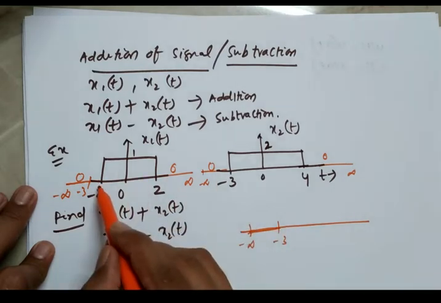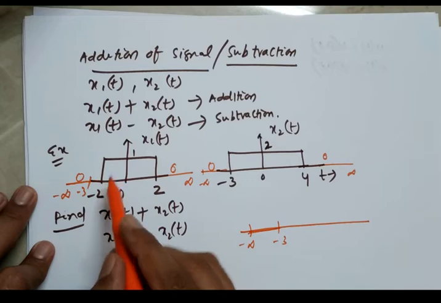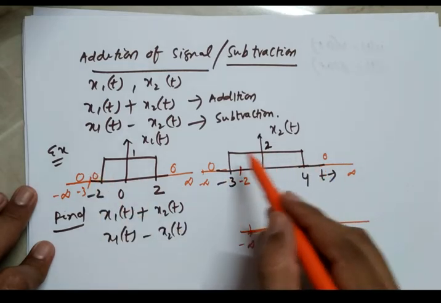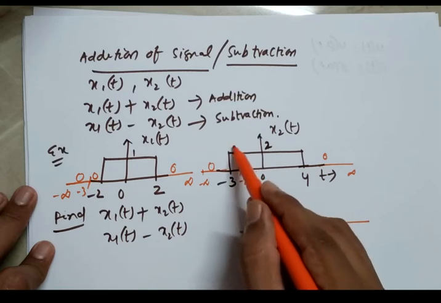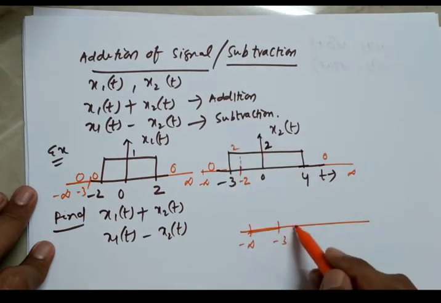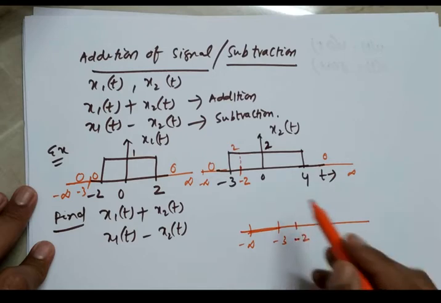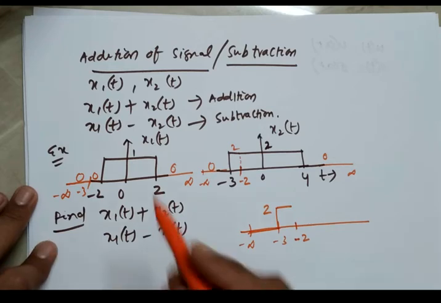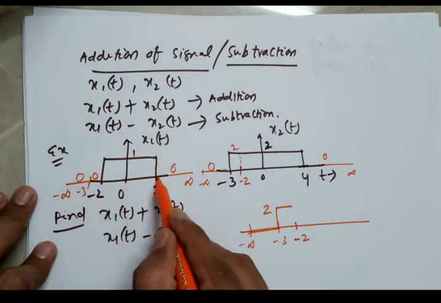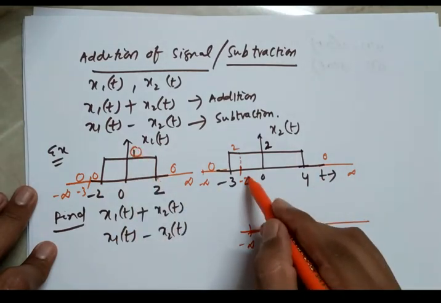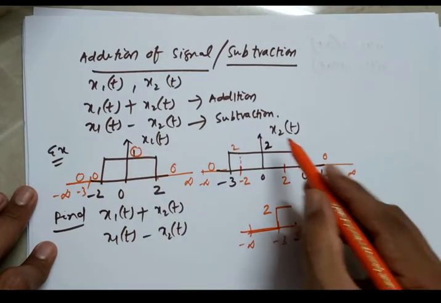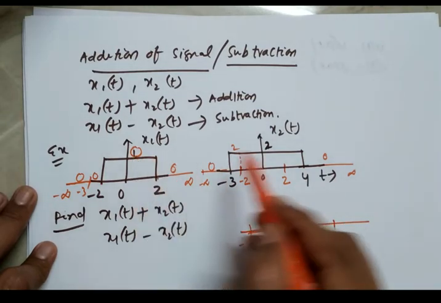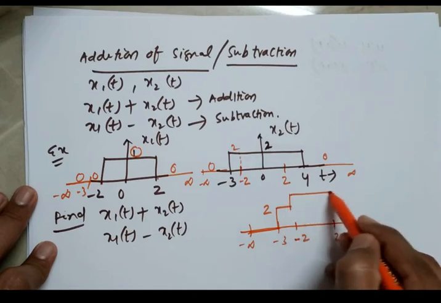Now from minus 3 to minus 2, x1(t) is 0, but x2(t) value is 2. So from minus 3 to minus 2, the value is 2. Clear? Now x1(t) from minus 2 to plus 2 the value is 1, and in x2(t) from minus 2 to plus 2 the value is 2. So from minus 2 to plus 2 the value is 1 plus 2, so it is 3.